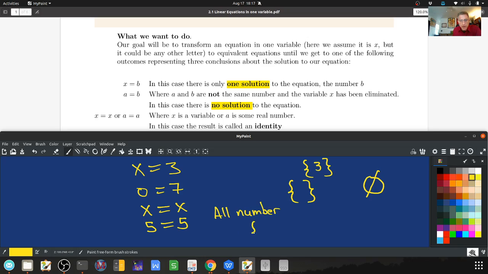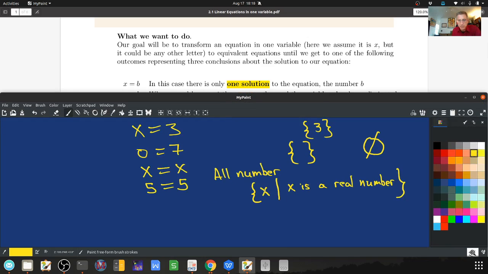One way to denote that is to write the set of x such that x is a real number. We have other more convenient ways to write that, but that's what the book uses, and I'll stick with what the book uses.